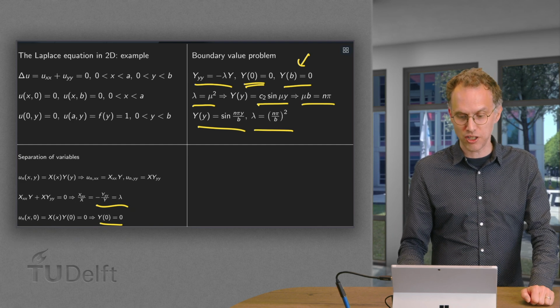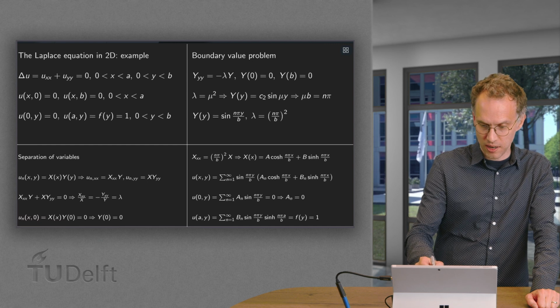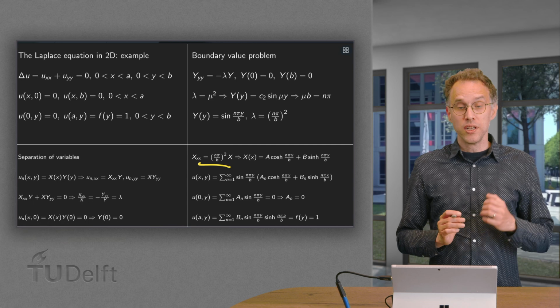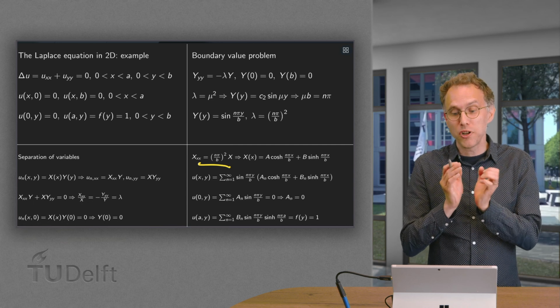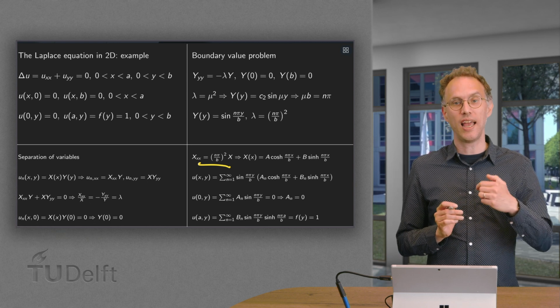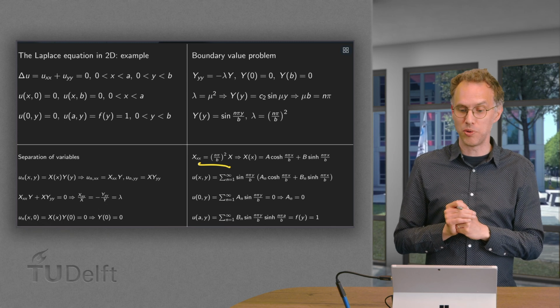Moving on to X(x). Now, X'' equals lambda times X. So there we go. So X'' is some positive constant times X. So you get exponential functions. X(x) equals exponent plus mu x and exponent minus mu x.